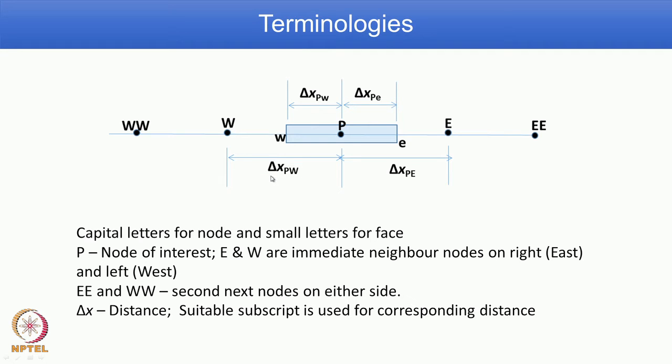So, it is delta x PW. Similarly, the distance between the node and the corresponding face, for example the face w on the left side, is given by delta x with the corresponding subscript P and lowercase w. You can follow the same for the other face as well as for the other node.